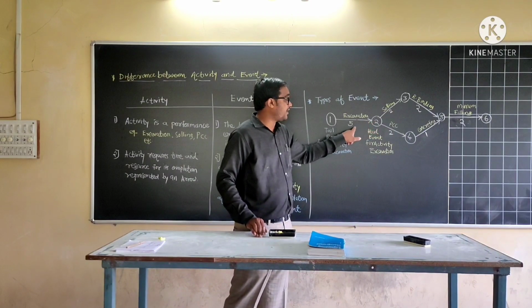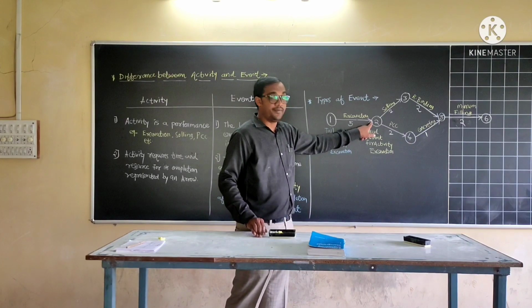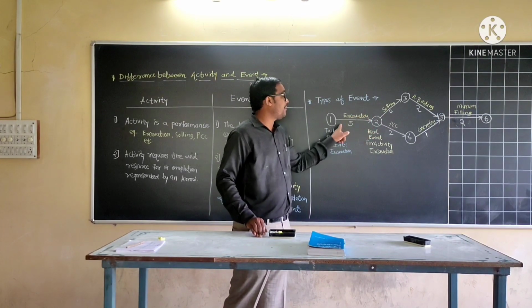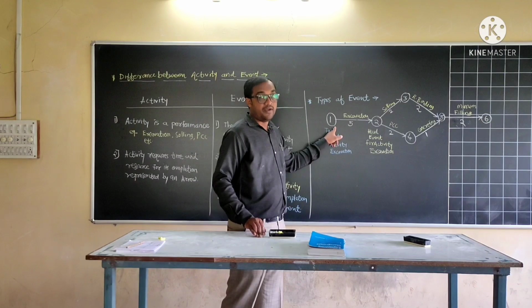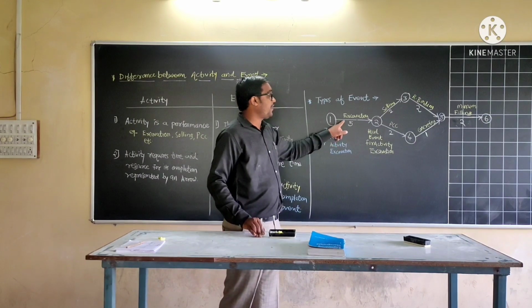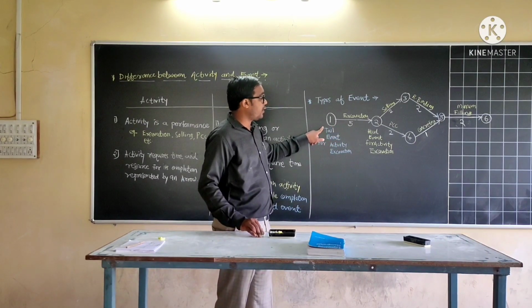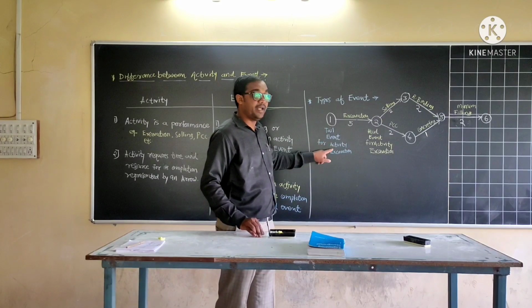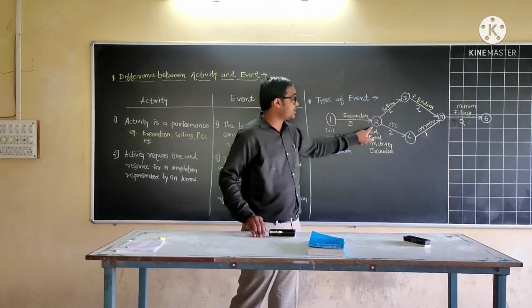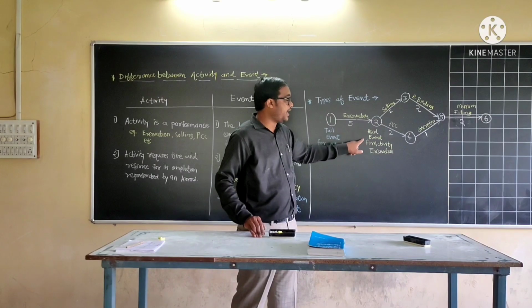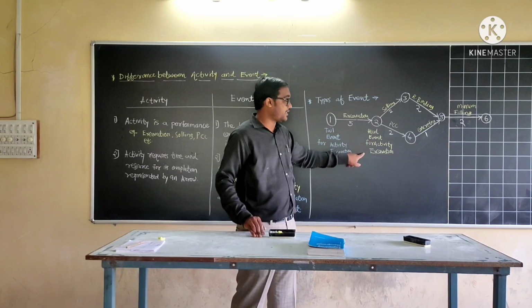At this point, after 5 days, the excavation activity is completed, which means the completion of event 1. So when excavation is started, it is called the tail event of the activity excavation. When excavation is completed, it is called the head event for the activity excavation.